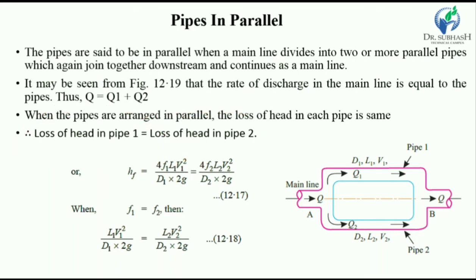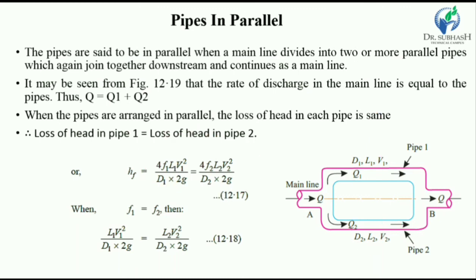Here the minor losses are also neglected because they are very small. So only friction head loss is considered for both pipes in parallel, and both friction losses are found with the Darcy formula.